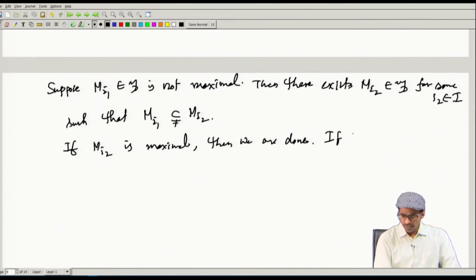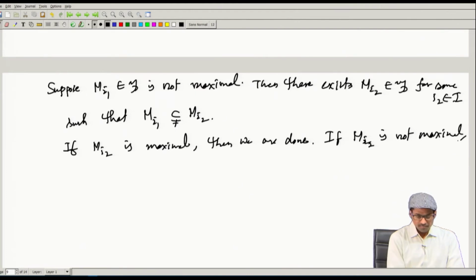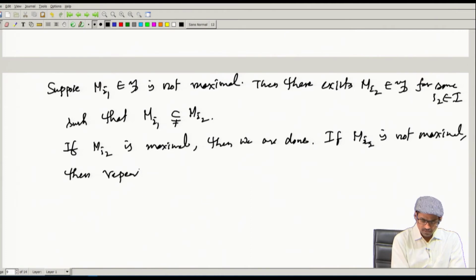If M_i2 is not maximal, then repeat the above process.